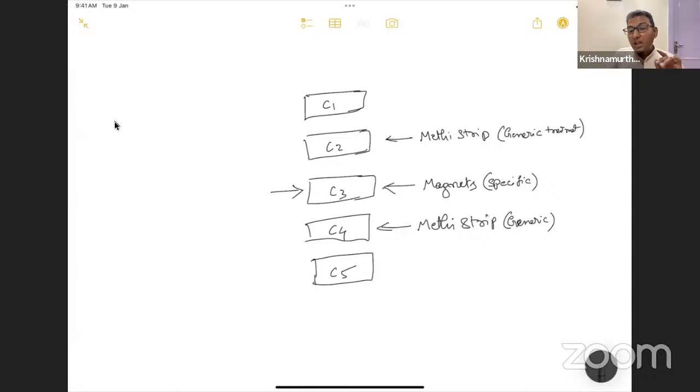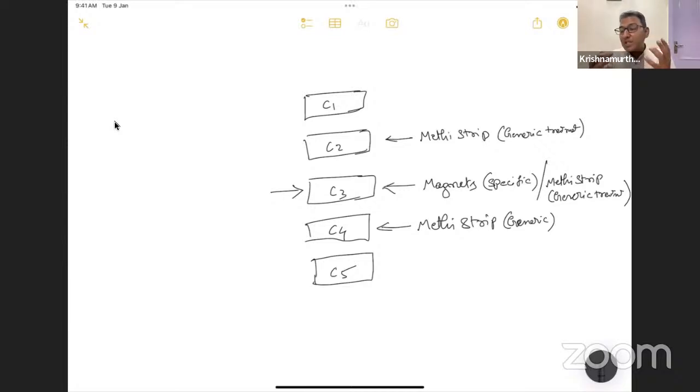If I don't want to give specific treatment, I can still give the methi strip for the affected vertebra. Give a generic treatment. This will also work.